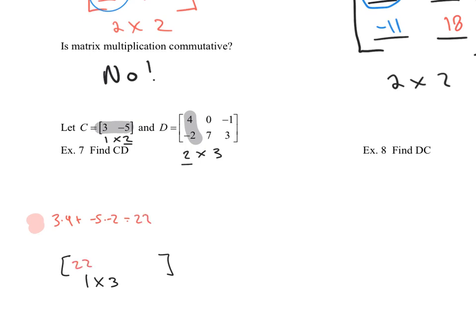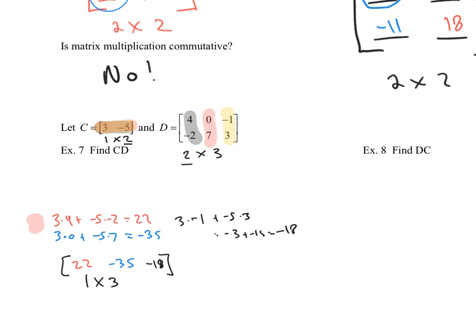And then I have times the middle, and that's going to give me 3 times 0 plus negative 5 times 7, that's going to be negative 35, and then times the right, which should give you 3 times negative 1 plus negative 5 times 3, which is negative 3 plus negative 15, negative 18. Okay, there's my answer there.